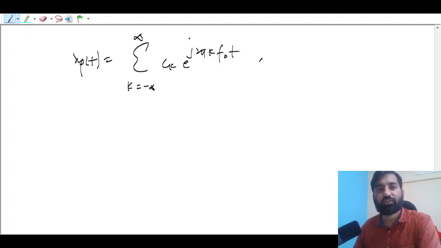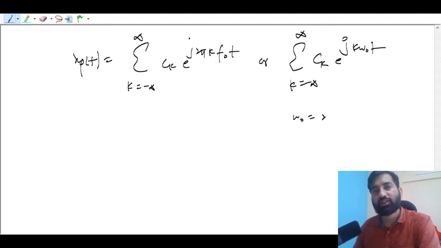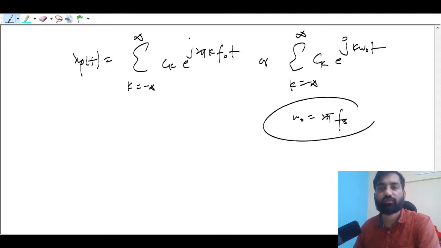Or you can also write this as summation k equal to minus infinity to infinity ck e raised to power j k omega naught t, because 2 pi f naught can be written as omega naught. Okay, omega naught is nothing but 2 pi f naught.